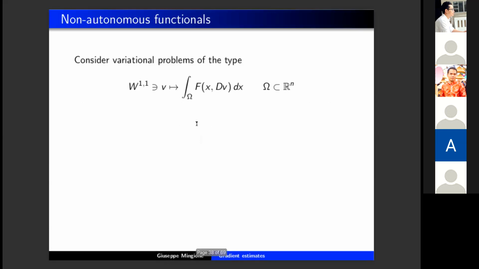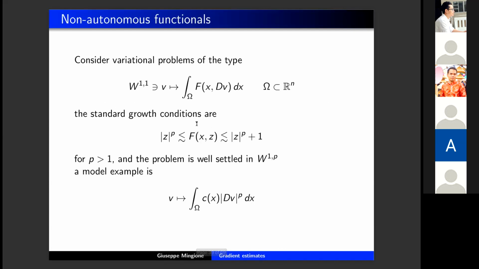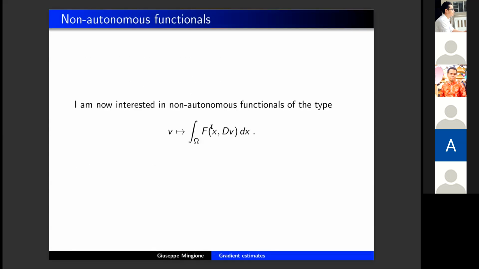In particular, we are going to see that the dependence on X cannot be treated as a perturbation anymore. So usually, when you have, for instance, a dv squared times a coefficient, then you get perturbation on the coefficient. Here, perturbation cannot work.